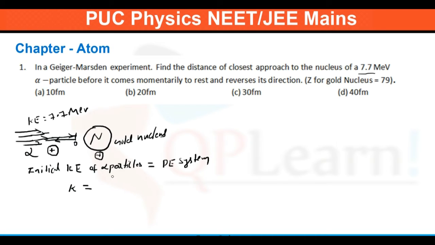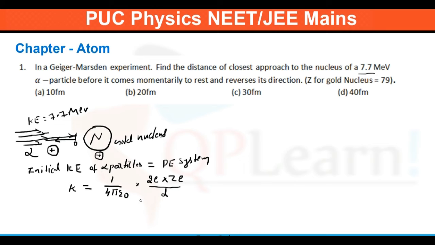You know very well, you learned in the first chapter, electrostatics, that the potential energy is equal to 1 by 4 pi epsilon naught into the charge of the alpha particle, 2e, into the charge of the nucleus, Ze, divided by the distance. This is the potential energy of the system.